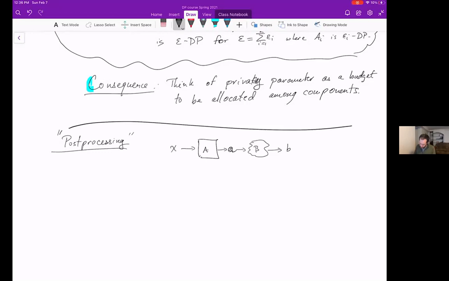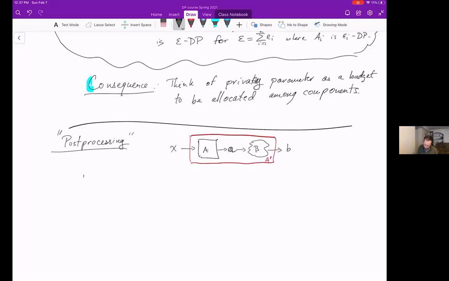Okay, it's often convenient to design or phrase algorithms as one big algorithm, let's call it A prime, which is the composition of B and A, where I don't really know much about B, but I know that A is epsilon differentially private.